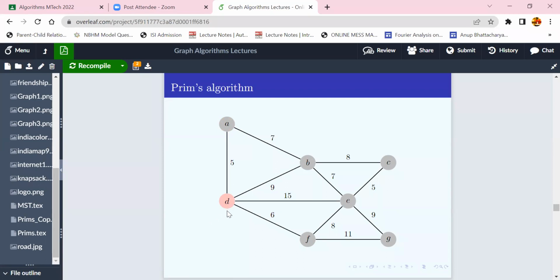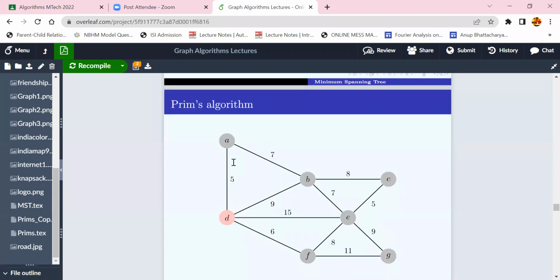Say it was D. So intuitively, first we can add the edge which has one endpoint at D, and among those edges, the edge with minimum weight we can add. And here we see that from D, the edges are with weight 5, 6, 9, and 15. So we add the edge with minimum such weight, and this is edge ED, right?